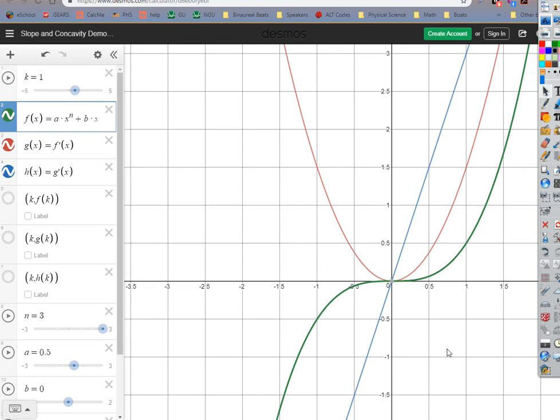So once again, we're starting with the green function. The green function is the function, the red function is the derivative. Makes sense, right? We know that we get a horizontal tangent at 0, so the value of the red graph has to be 0, has to go to the origin. To the right, it's increasingly positive. To the left, it's increasingly negative.